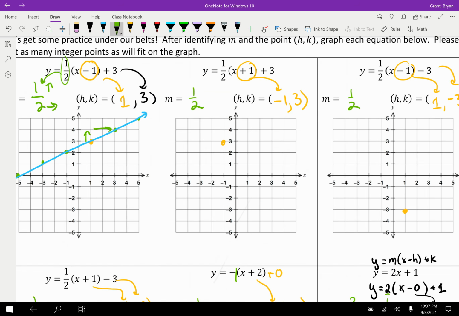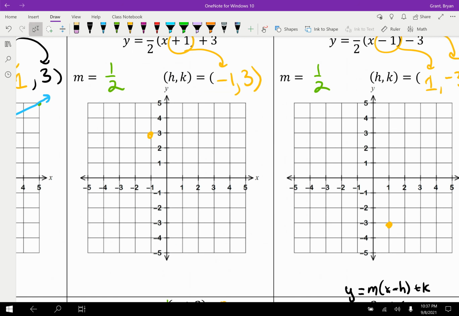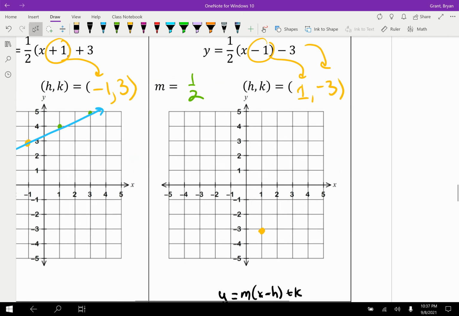Let's get each of these graphed. This should go pretty quickly. Slope is up 1 to the right 2, or left 2 down 1. Left 2 down 1. I find it easy just to kind of retrace the slopes we've already done. Once you fall into the pattern, you will find your equation. Okay. Next one over here, same thing.